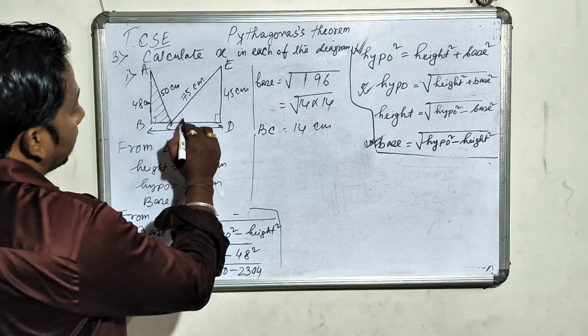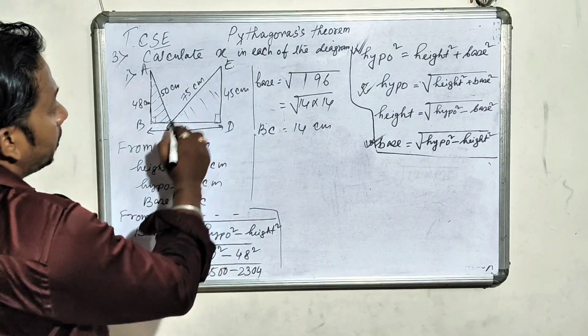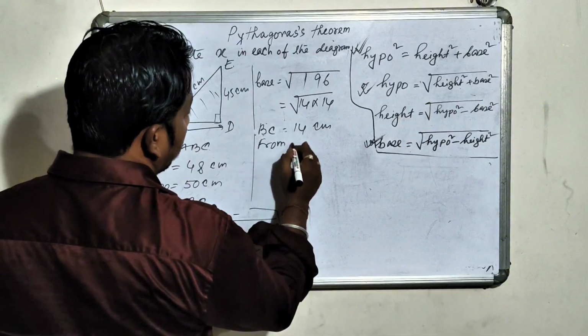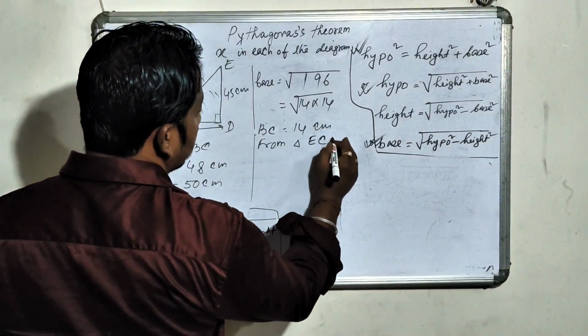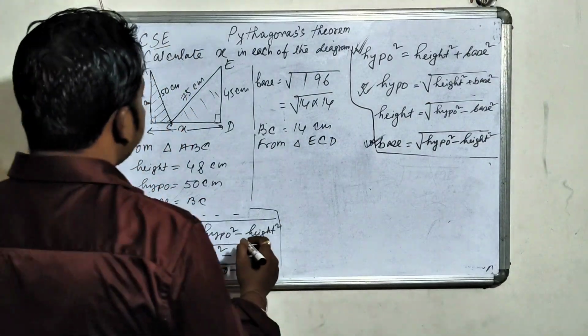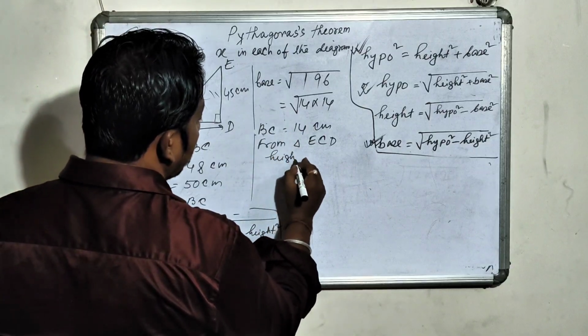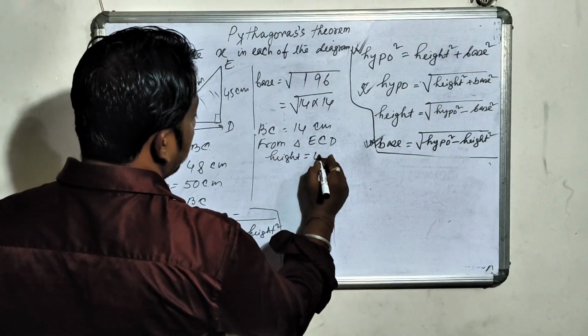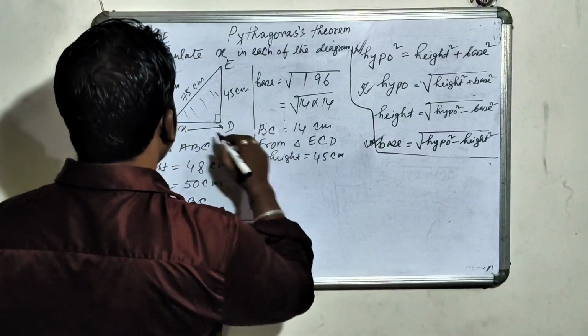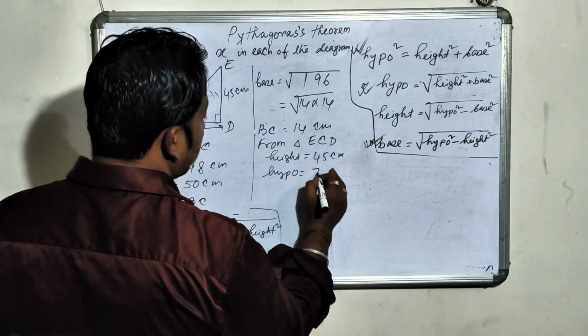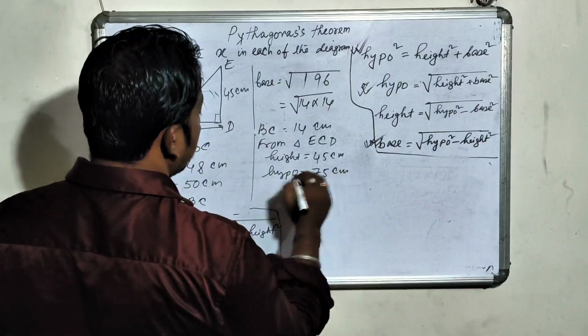Now think about this triangle ECD. So from triangle ECD we get height equals 45 centimeter, hypotenuse equals 75 centimeter.